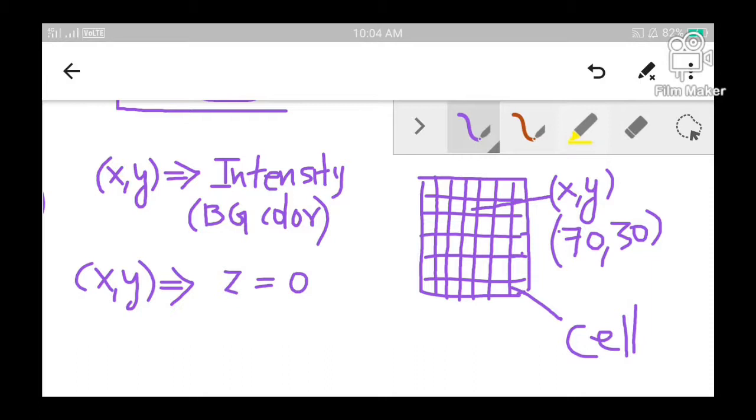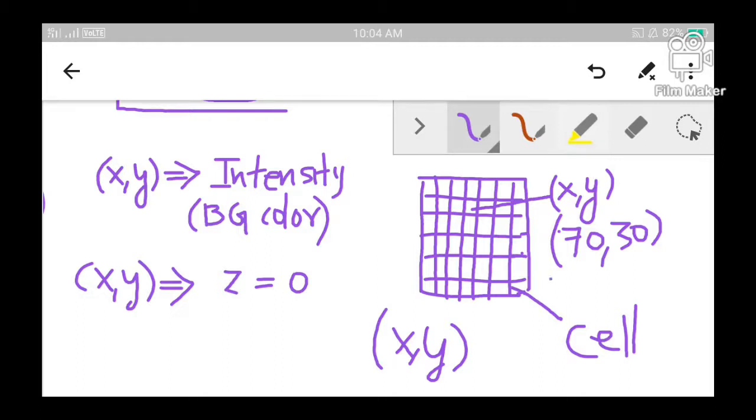While dividing the screen into number of rows and columns, each cell can be represented using two parameters x and y, where x represents the column number and y represents the row number of that cell.